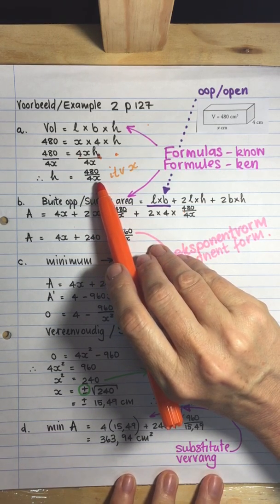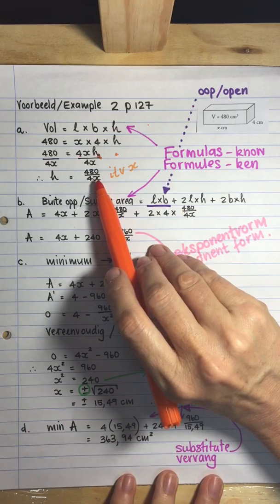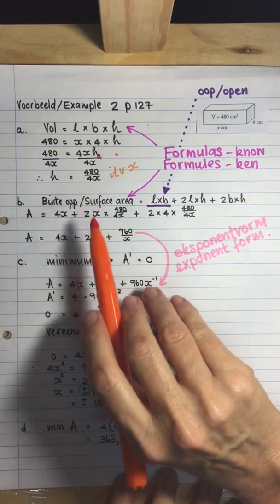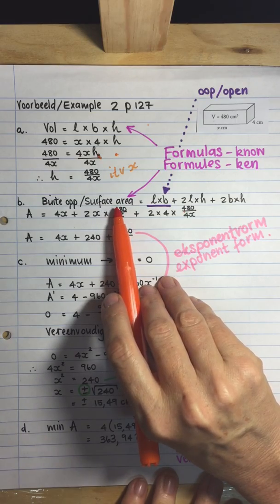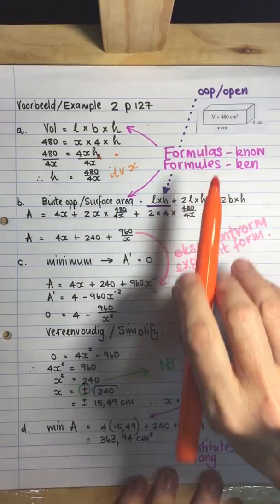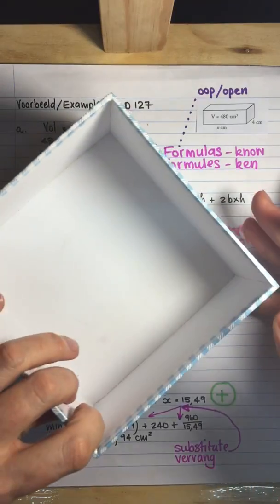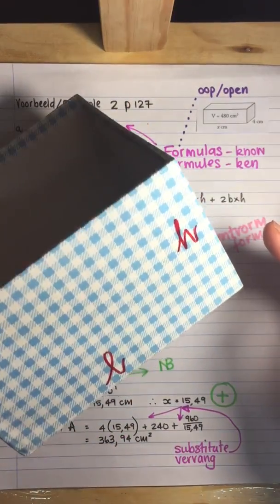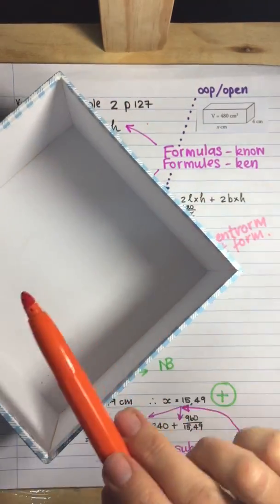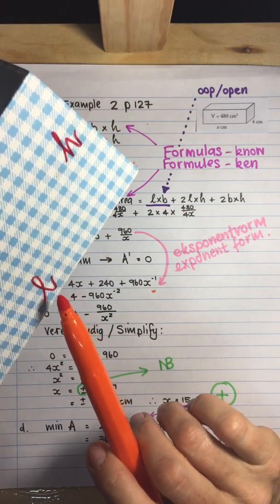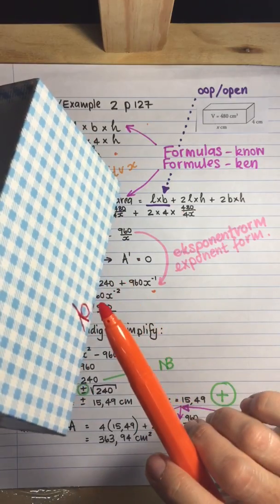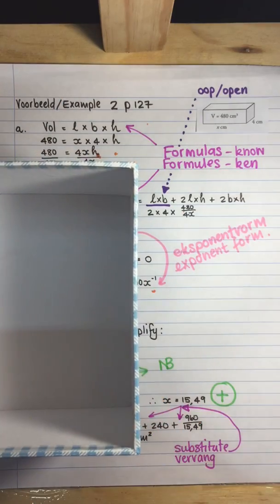Following, they are asking us to write down an expression for the total surface area of the box. Now here it's important to remind yourself that the box is open. I brought an example of an open box, so there's no top, and then we have the other side. Over here we see the length, the height, and the breadth, and the top is open.